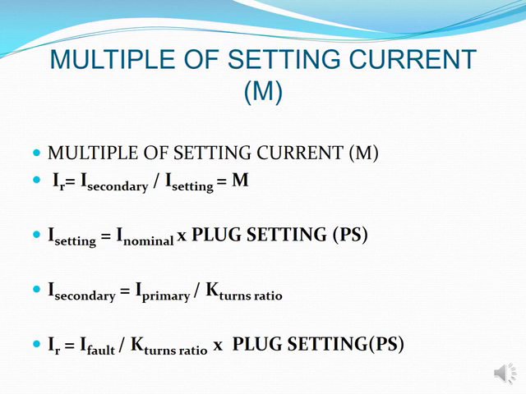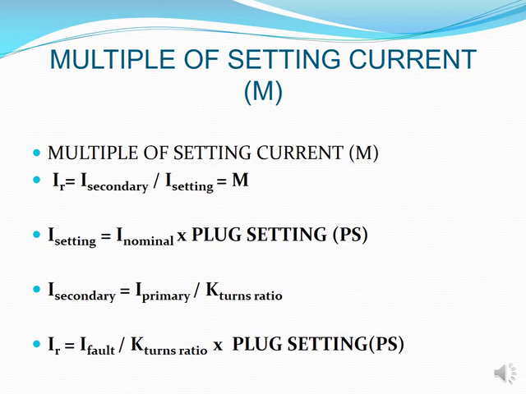We are now looking at our multiple of setting current, which we either call M or sometimes we call it our PSM. So a multiple of setting current is going to be IR in this scenario, and that we say is our secondary current divided by our setting current. And our setting current, we say it is our nominal current, which is our normal load current, multiplied by our plug setting.